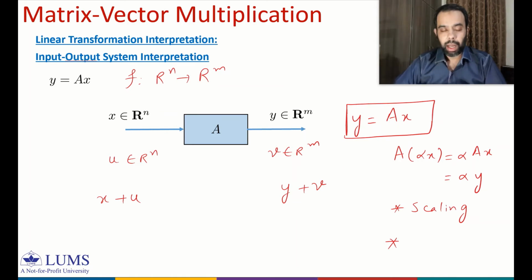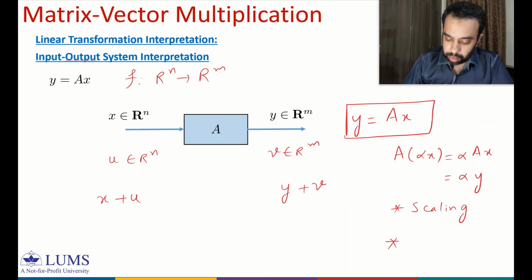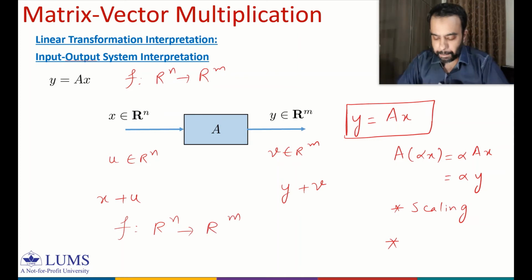And in fact, this is true for any mapping, any functional mapping from one space to another space, or from one domain to another domain. So this all can be captured in just one equation. Say we have a function that maps from Rn to Rm. So here this function is simply a matrix A, that multiplies with a vector x input.